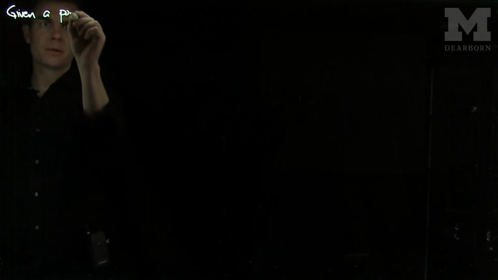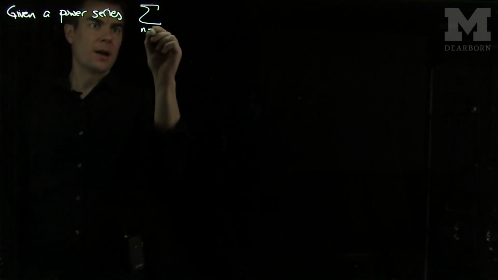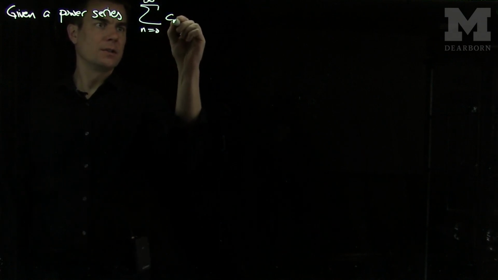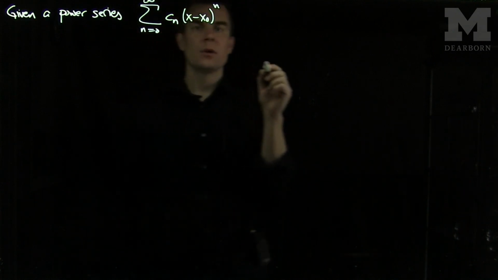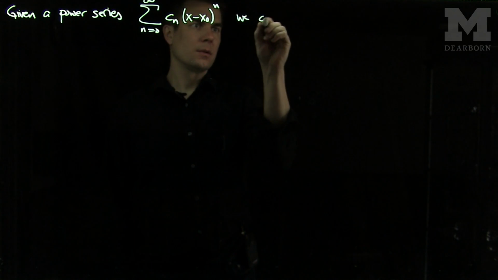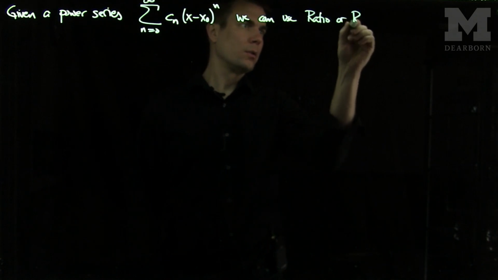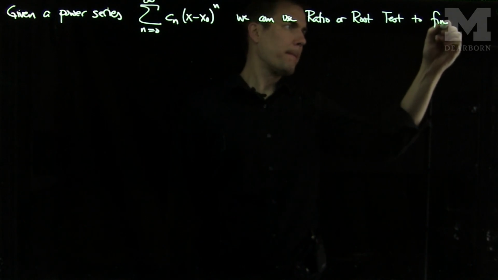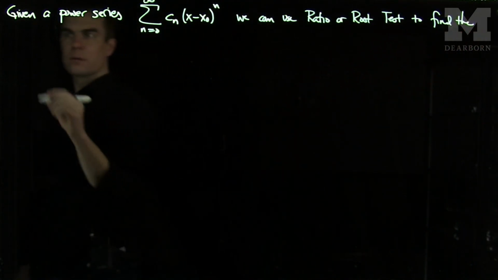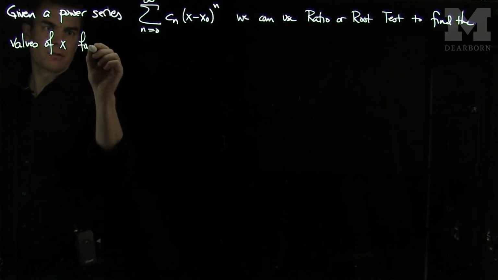If we're given a power series, the sum, n goes from 0 to infinity, of Cn (x minus x0) to the n, we can use the ratio or root test to find the values of x for which the series converges.